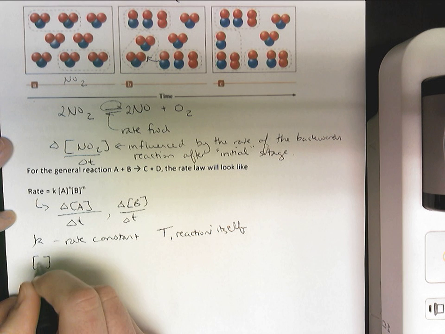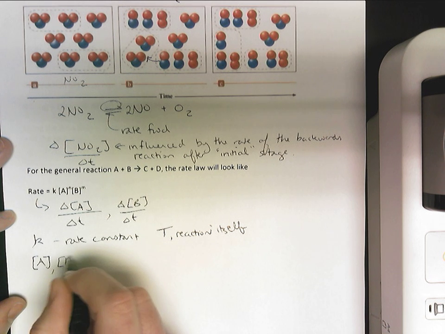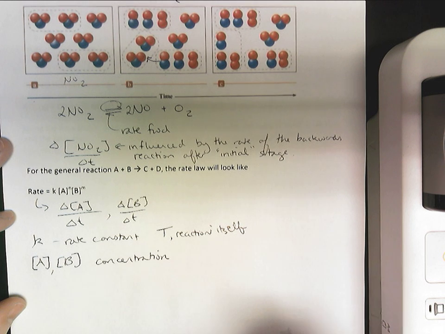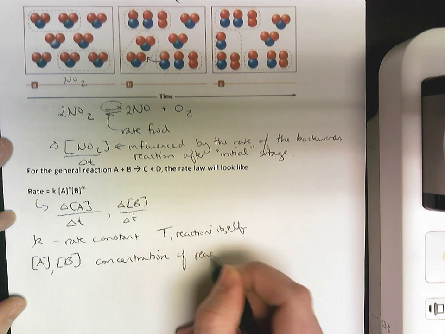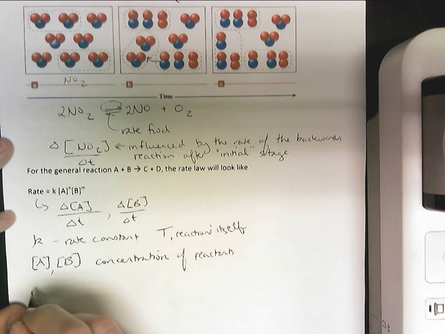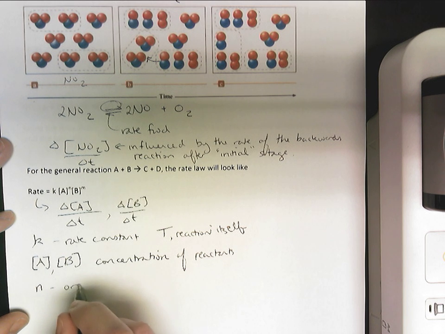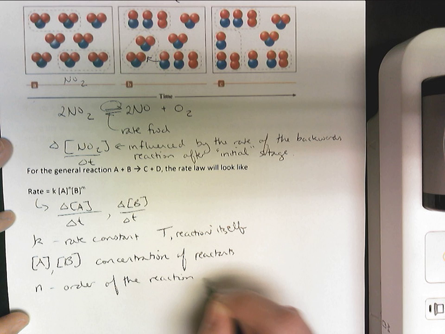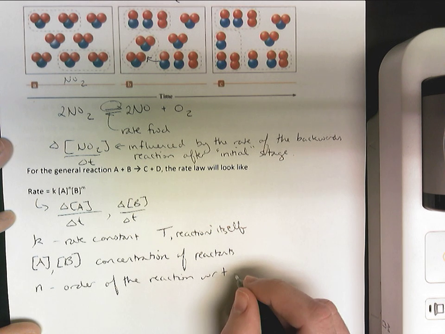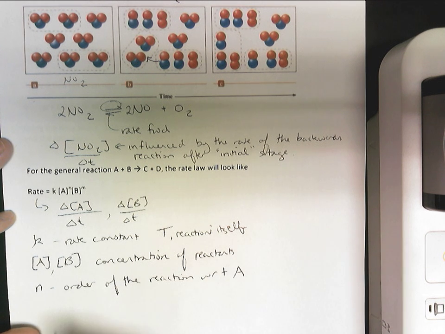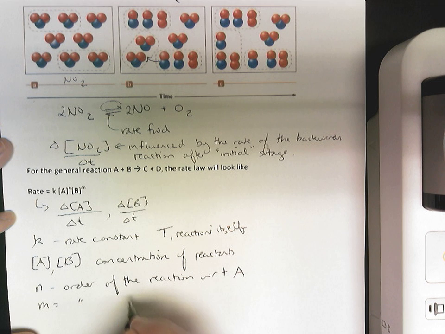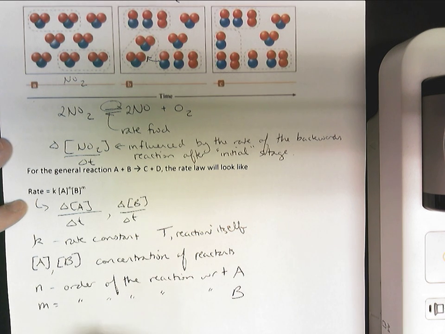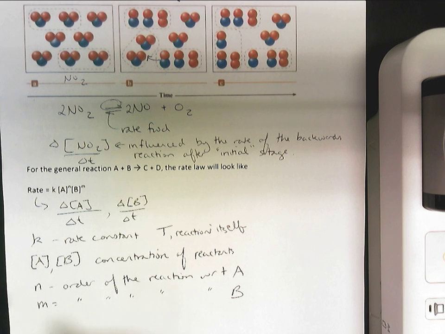And that's it. So square brackets A and B are the concentrations of the reactants. You see that the concentration of the products is not included here. And finally, n is the order of the reaction with respect to A. m, similarly, is the order of the reaction with respect to B. And both of those are not coefficients.